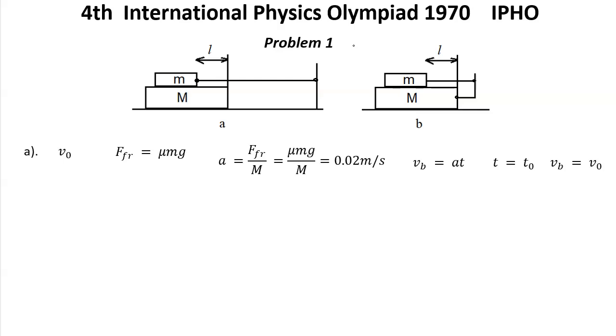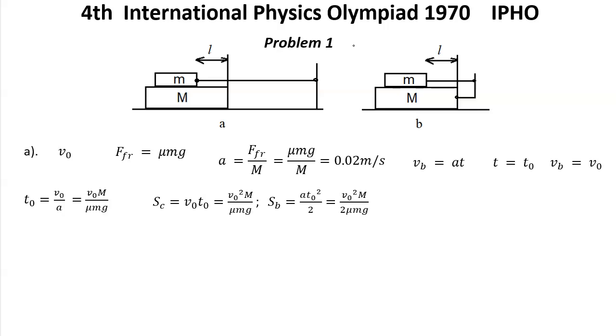Let us determine this moment of time t0, which is v0 over a, and that's equal to v0 big M over mu small mg. By that time, displacement of both bar and carriage equal.